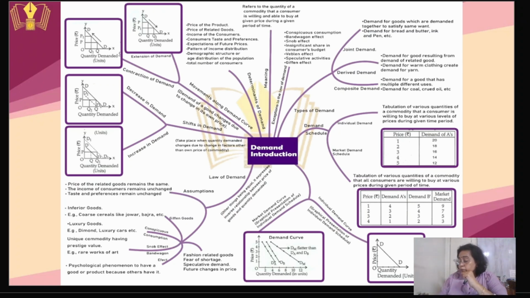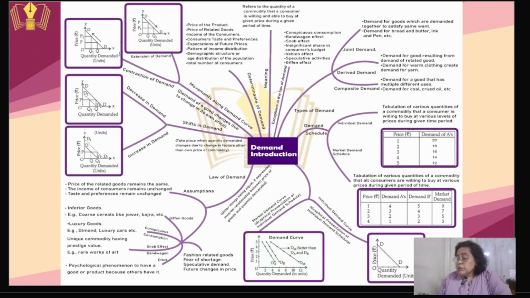For example, the demand for computer hardware and software are created jointly. Similarly, demand for gun and bullets is also an example of joint demand. You can even say bread and butter, ink and pen.